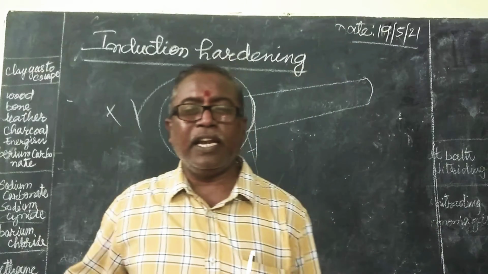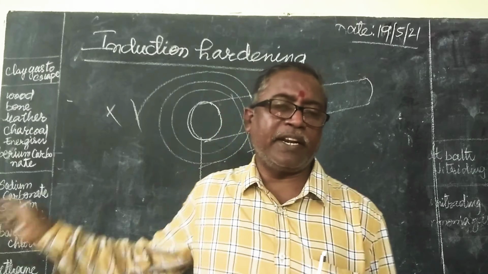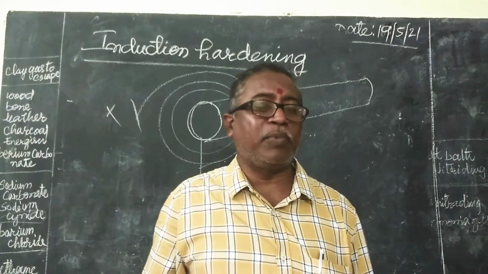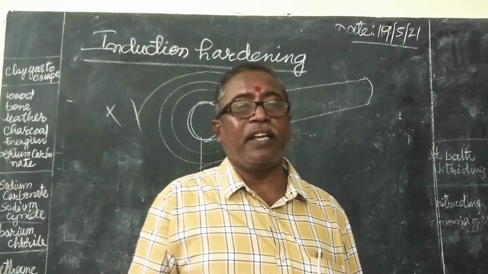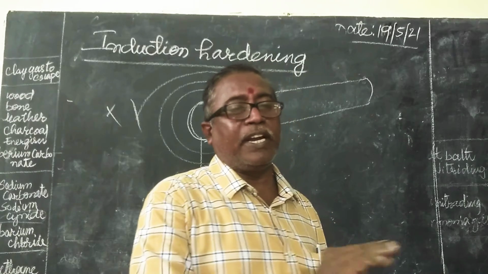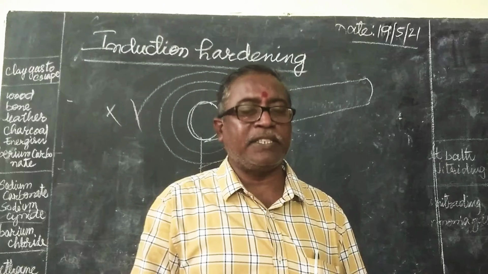Here electrical power is used in induction. Instead of using electrical power, in flame hardening we are using a gas or oxyacetylene flame and heating the metal from all sides.